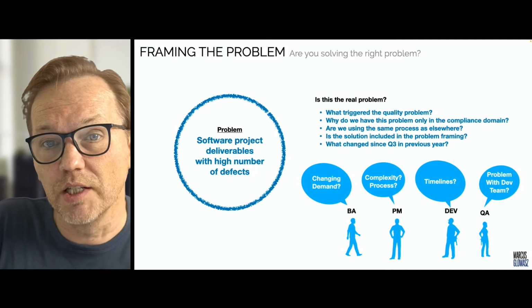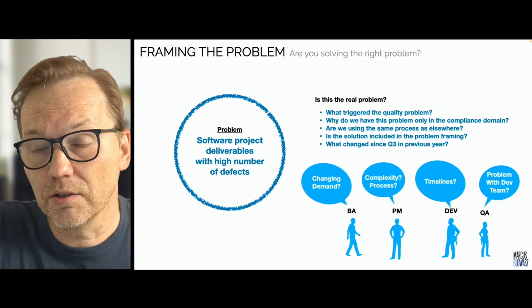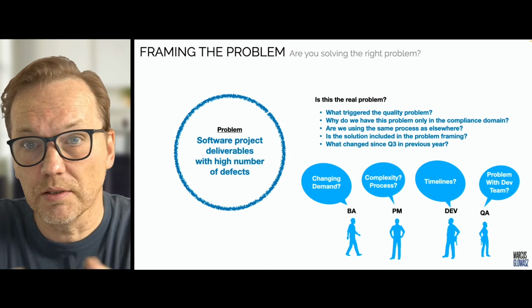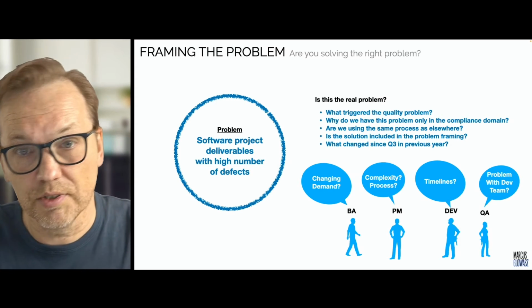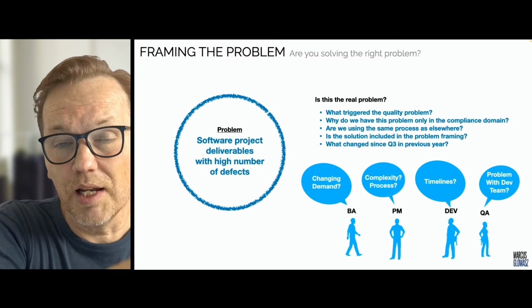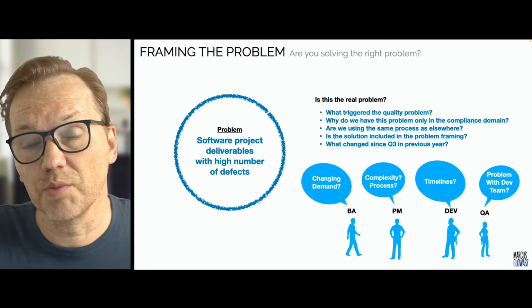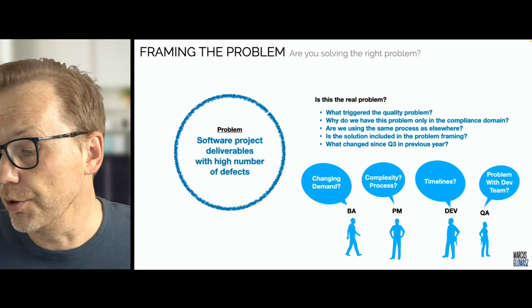So something must have changed, right? So what is it? It's not necessarily the software development process or the skills, maybe something else. We have to look at it from different perspectives. There are different viewpoints, but we have to shed light on all these different viewpoints and perspectives. And that's where the problem framing is very, very useful.